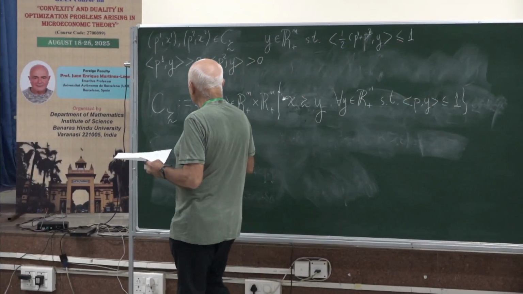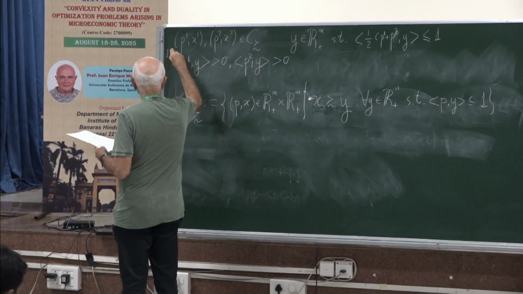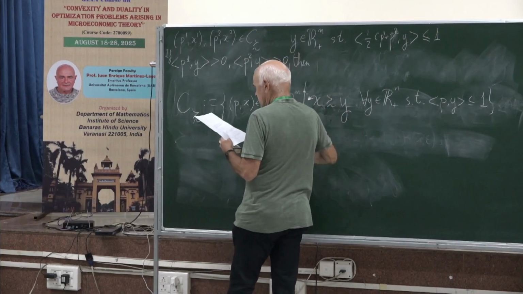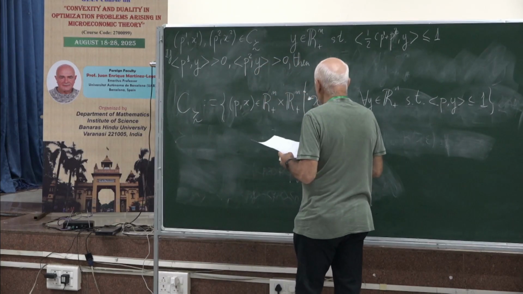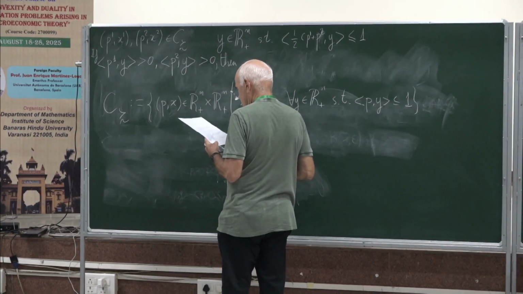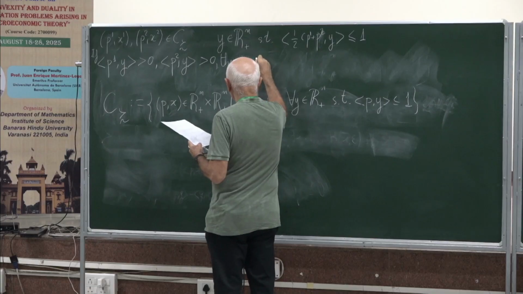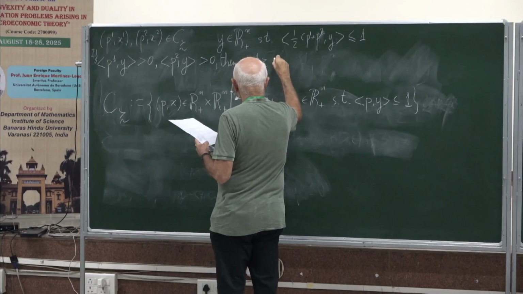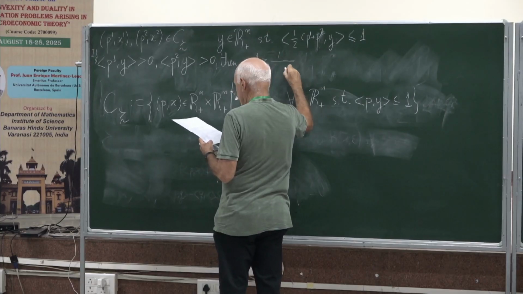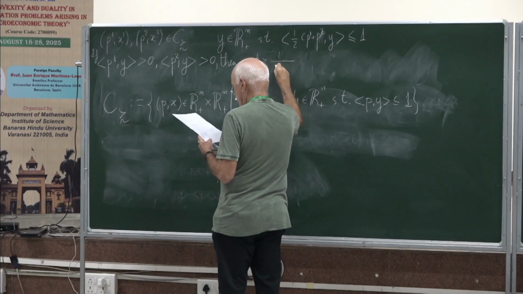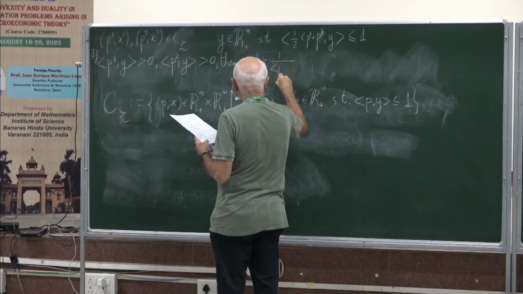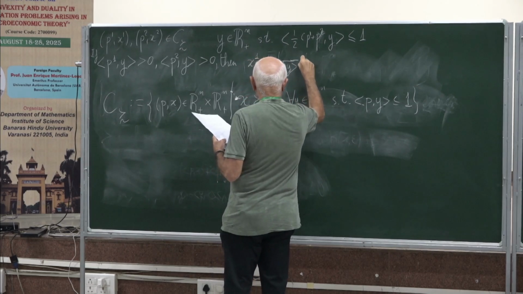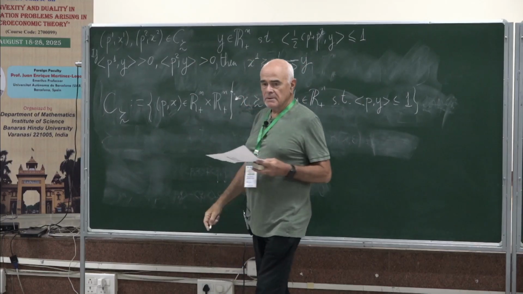In this first case, then I claim that x1 is preferred to 1 over P1y times y.